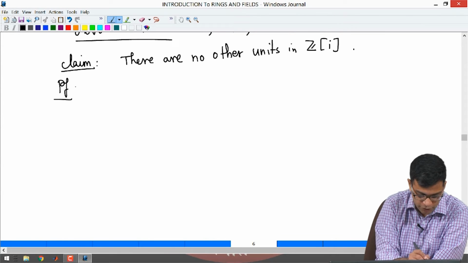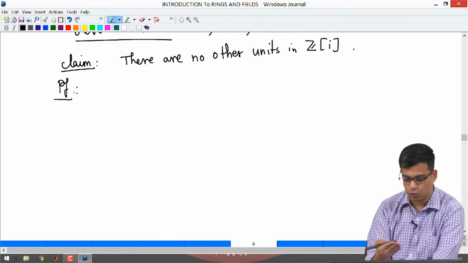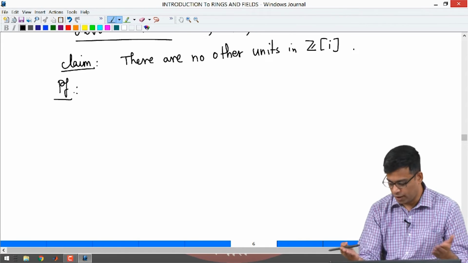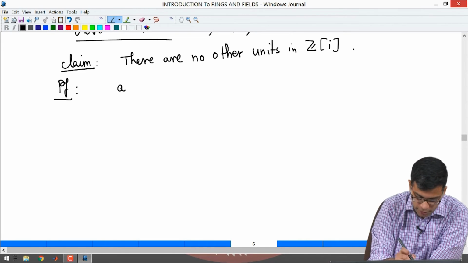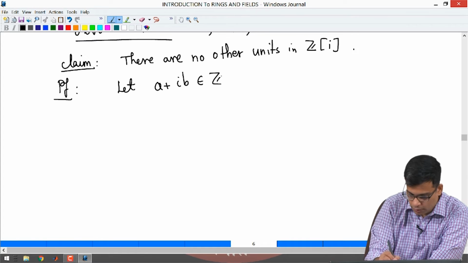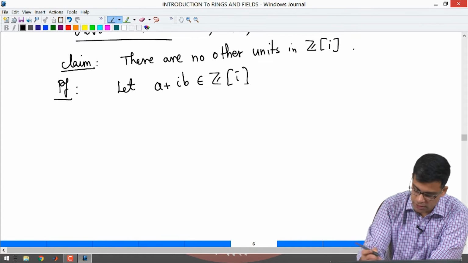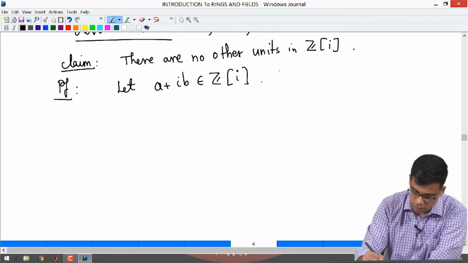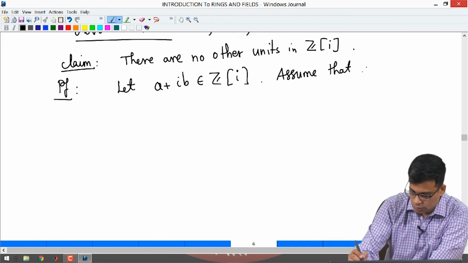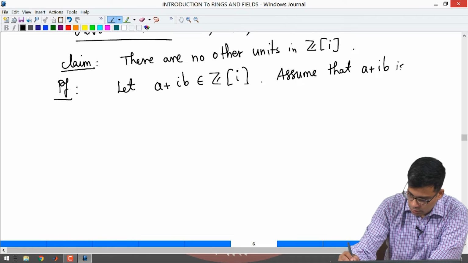So what is the proof of the claim? In any such proof, you have to start with an arbitrary element of Z[i], assume that it is a unit and try to derive a contradiction. So let a plus ib be an element of Z[i], in other words, let it be a Gaussian integer. Assume that a plus ib is a unit.